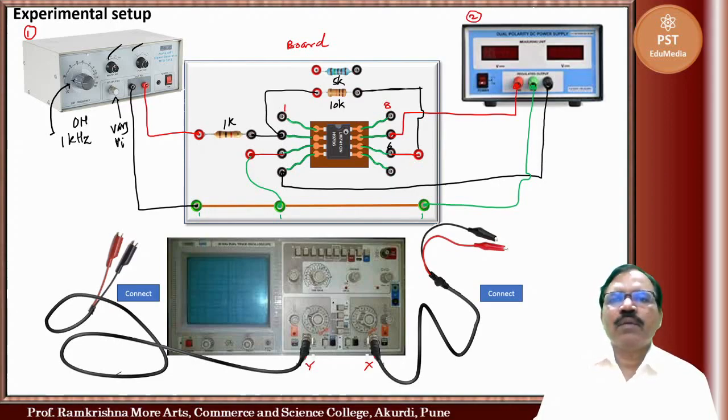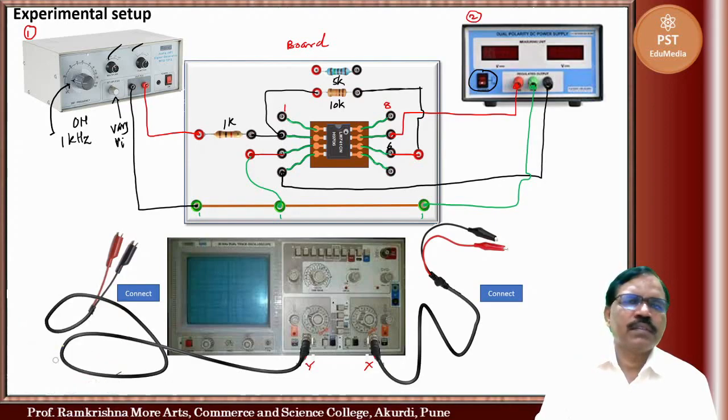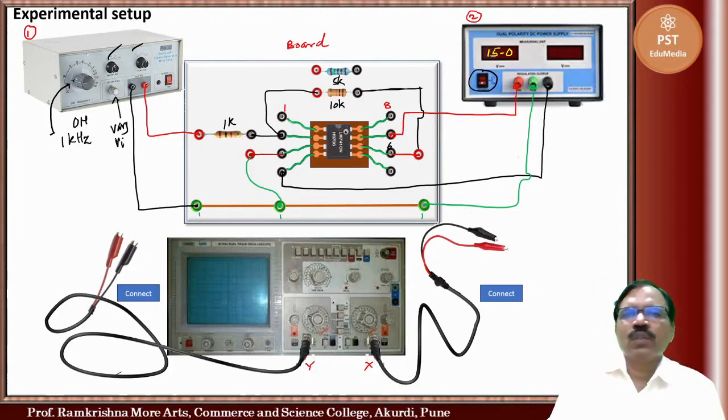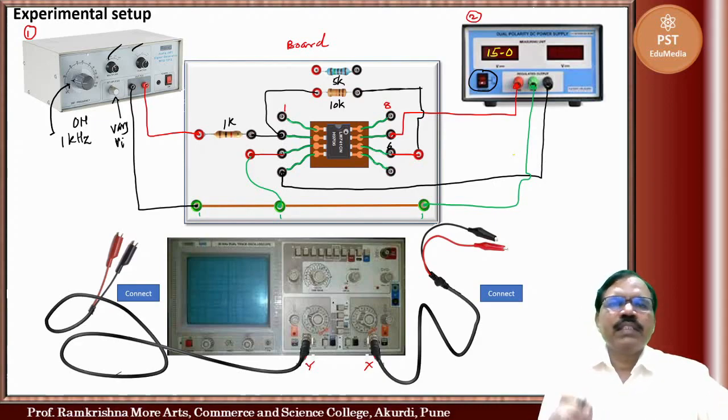Then we will switch on this battery supply and apply 15 volt. Since it is a dual power supply, we get 15, 0, minus 15. So in this way we have connected the circuit.